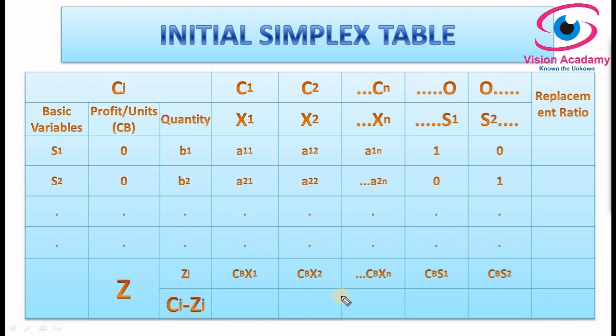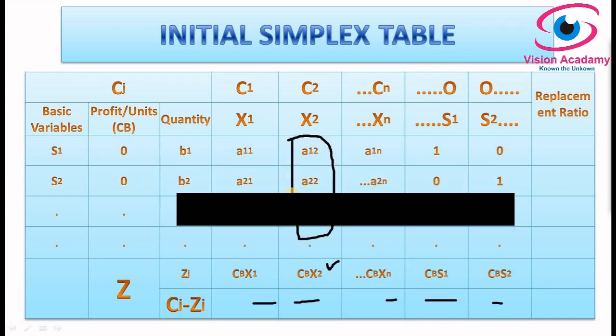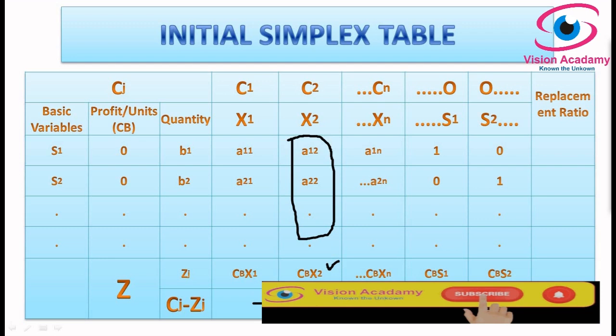It means all the Cj minus Zj values must be lesser than or equal to 0. If not, if any one of the Cj minus Zj values is positive, say for example this C2 minus Z2 is positive, and corresponding to this value, these values are negative or 0, then you are unable to find a replacement ratio.